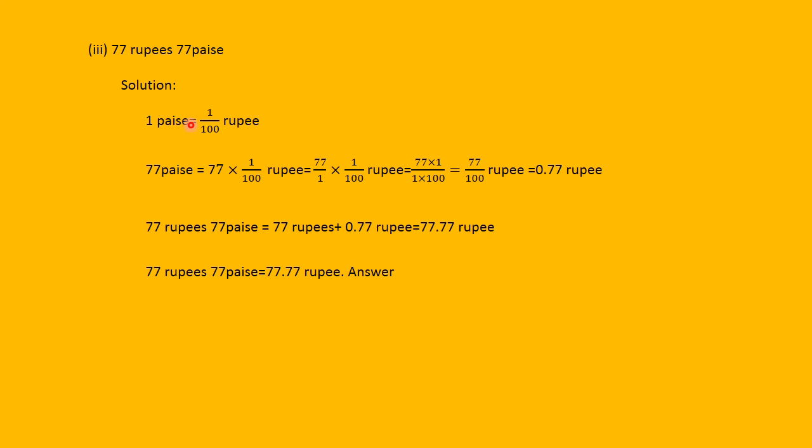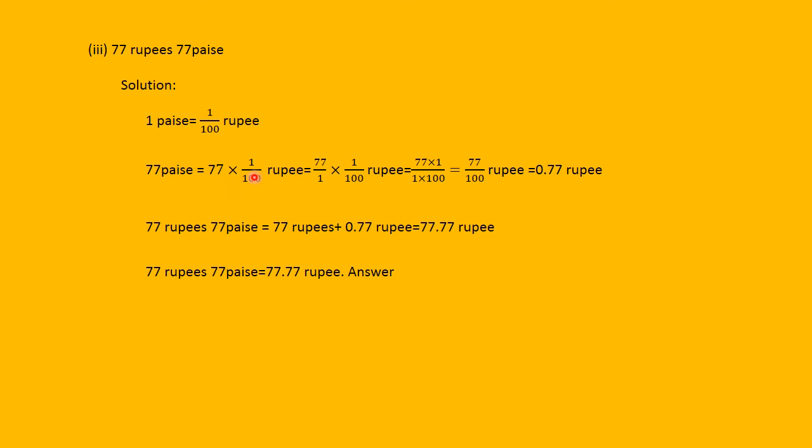That means 1 paise is equal to 1 upon 100 rupee. So what happens to 77 paise? 77 paise is equal to 77 into 1 upon 100 rupee, because you are multiplying 77 on both sides.